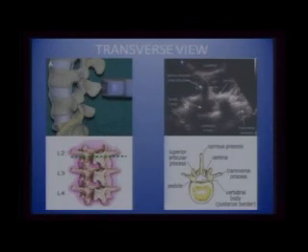Now let us look at the transverse view. When you put your probe just over a spinous process, in this case it is the L4 spinous process, this is bone, and bone will not transmit ultrasound. So what you see here is a bony shadow.